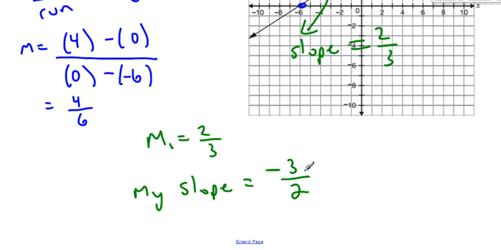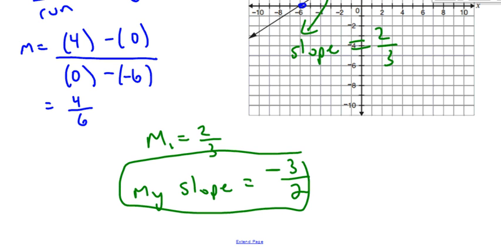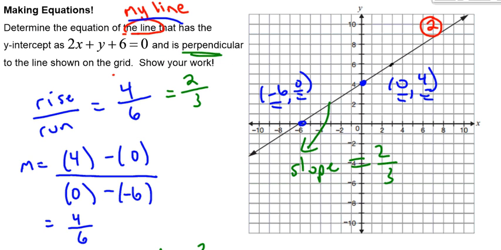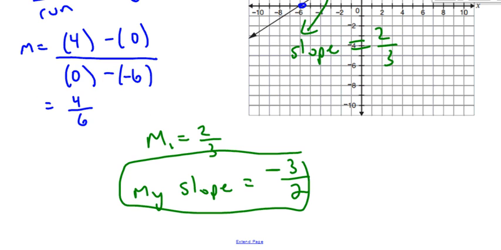These two slopes, because they're negative reciprocals, mean that the two lines would be perpendicular. So now I know what my slope is. So if I go over here, my line has a slope of, oops, don't want to get it wrong, that'd be bad, negative 3 over 2.